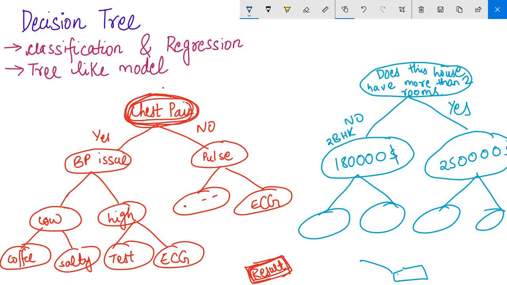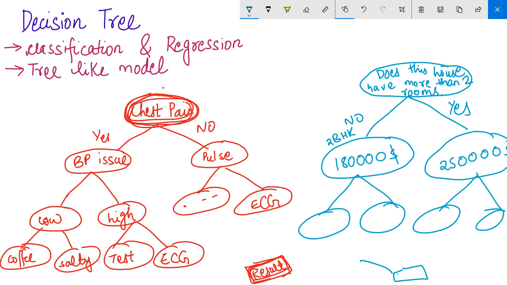Basically, a decision tree naturally represents the way we make decisions in our day-to-day life, right? The example I'm showing you right now is nothing but the decisions we make in our day-to-day life. Decision trees are easy to understand, and they are the basic building block for some of the best models in data science right now.